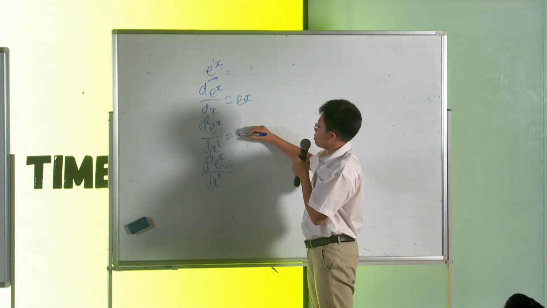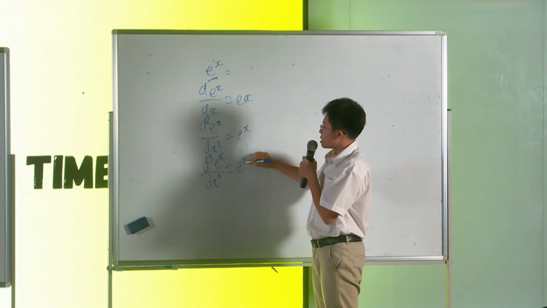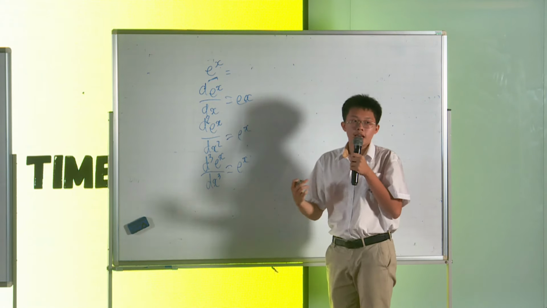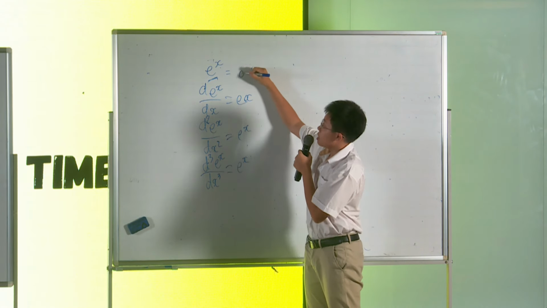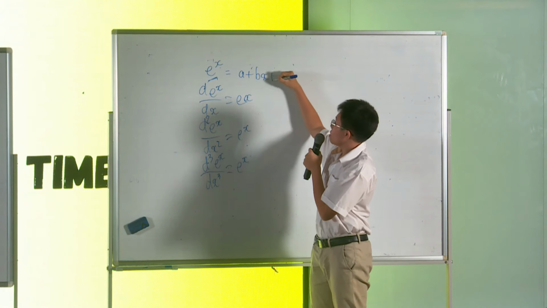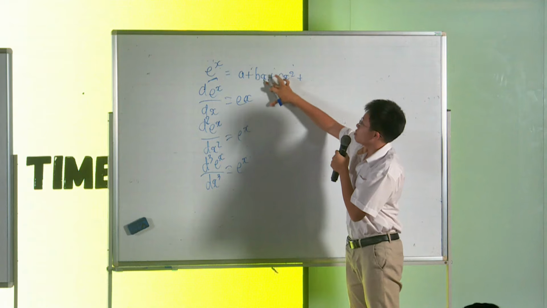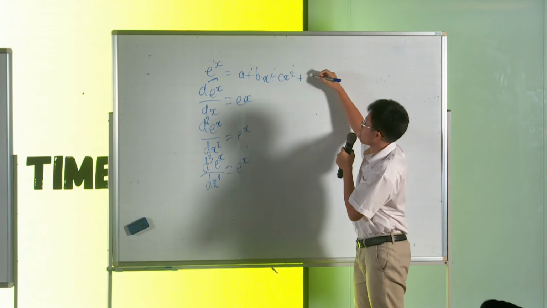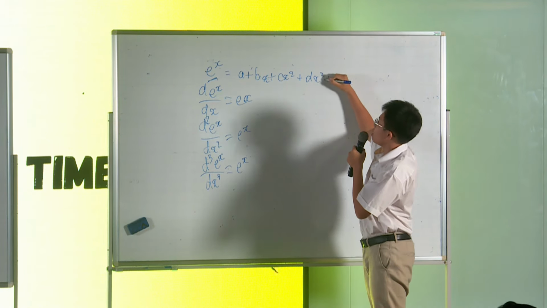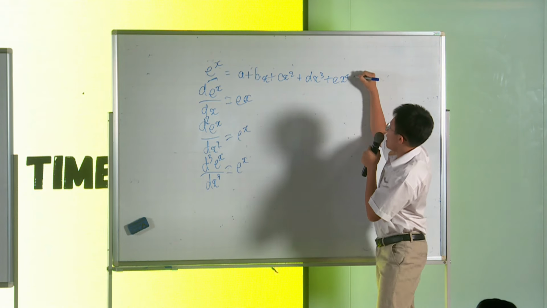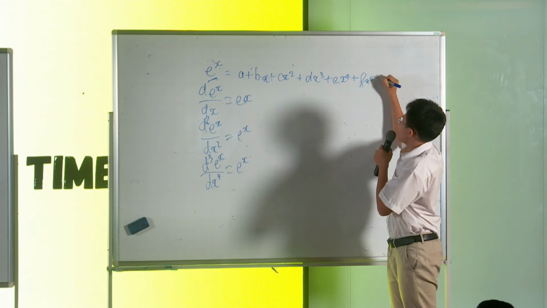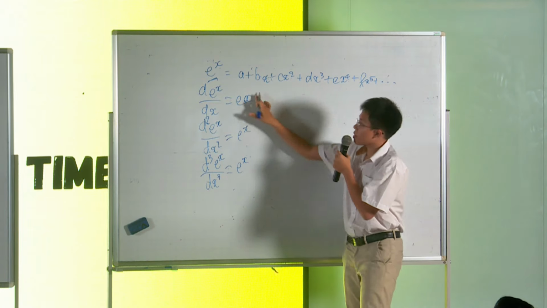So now that we know that e to the power of x is a Taylor series, we will express it as a plus bx plus cx squared plus dx cubed plus ex to the power 4 and fx to the power 5, and so on and so forth.